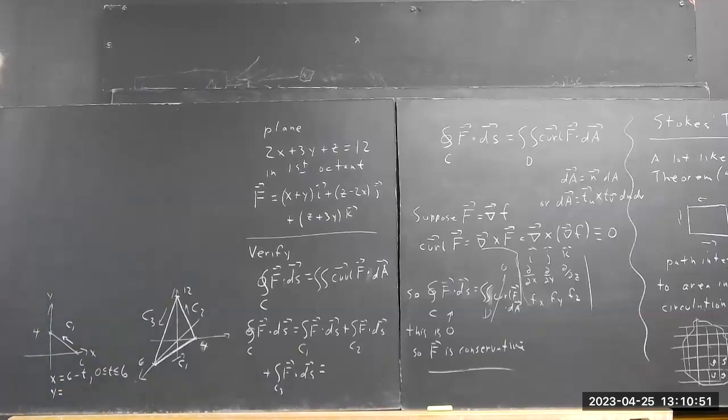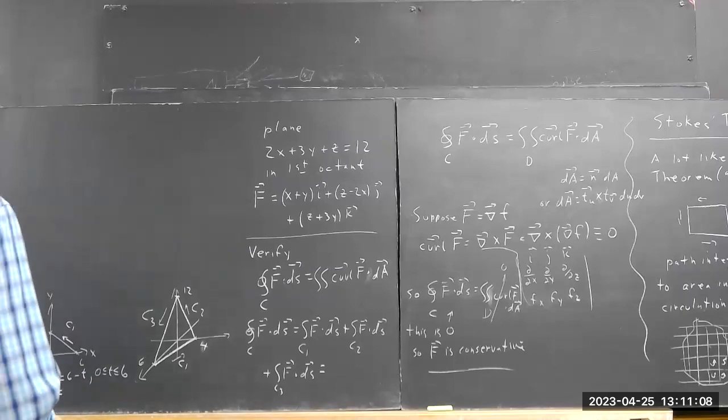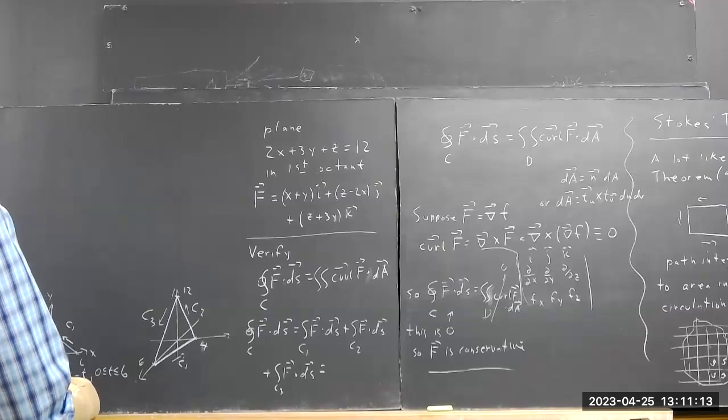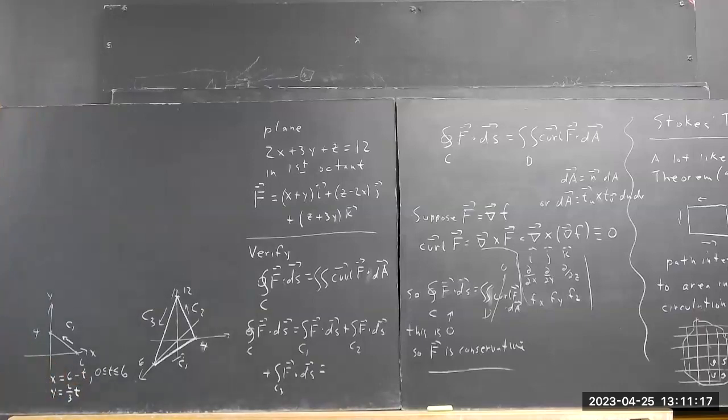What's y equal to? Well, y's going to go from 0 to 4. Now, t's already gone from 0 to 6, so we can't have t going from 0 to 4. Y equals 2/3 t. Because then when t equals 6, y would equal 4.